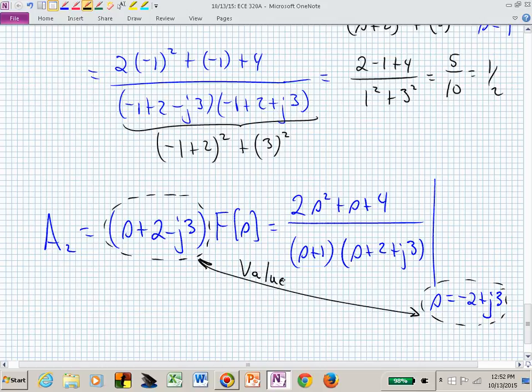Here's what I'm trying to say. The value of the complex variable s that actually causes the s plus 2 minus j3 factor to vanish, or to become equal to 0.